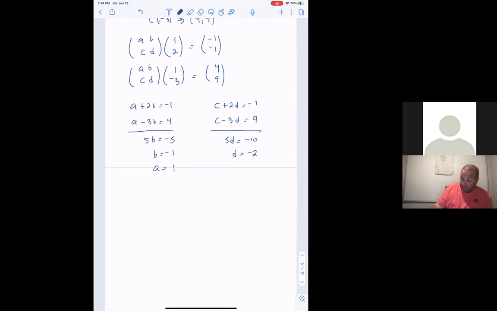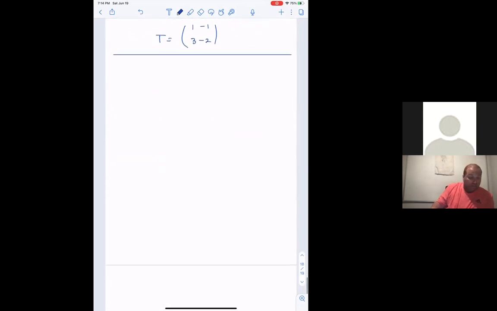Once I know D is equal to -2, I get C is equal to 3. And therefore my transformation matrix is 1, -1, 3, -2. But again, I actually like the old question better because it illustrates what happens when the determinant is 0. But I guess that's a little too advanced for this level.